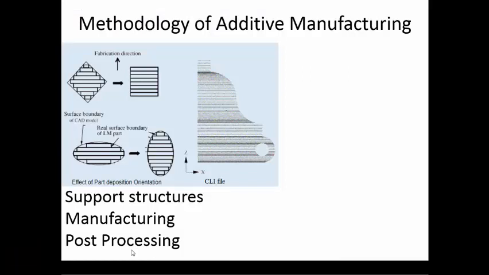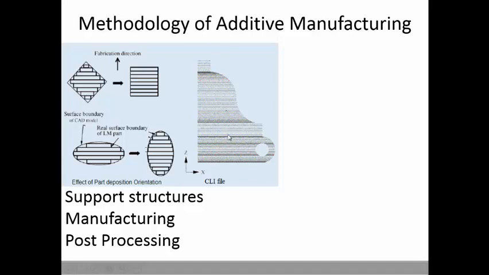So depending on the direction you are trying to manufacture the product, it will have different properties, because layer by layer when you are adding, the bonding between the different layers is the weakest. Within the given layer the strength will be very good, but across the different layers there is always going to be a weakness. So depending on how you are manufacturing the component, the strength of the component also is going to vary.